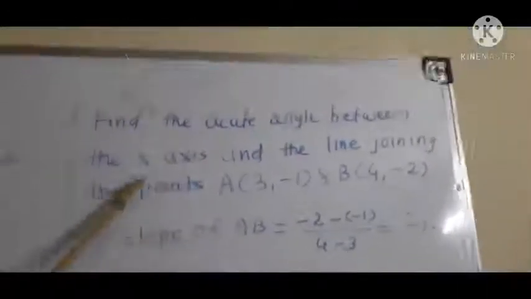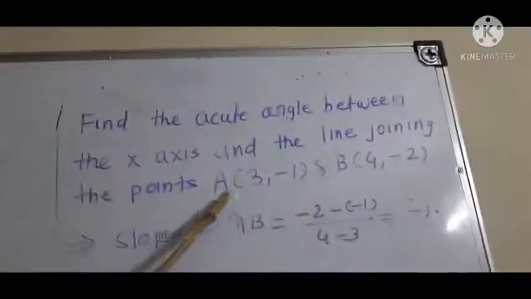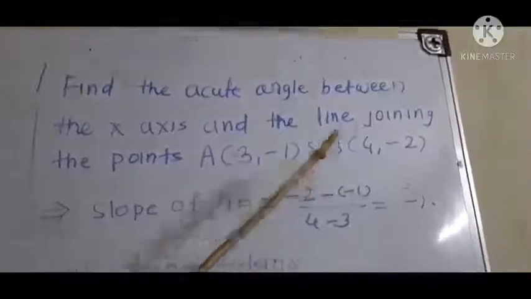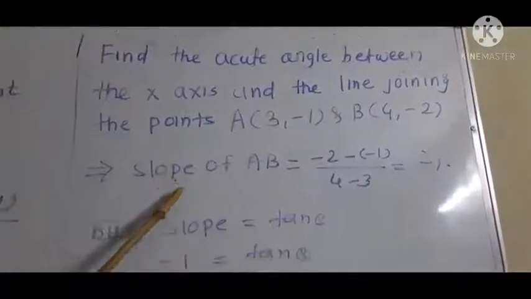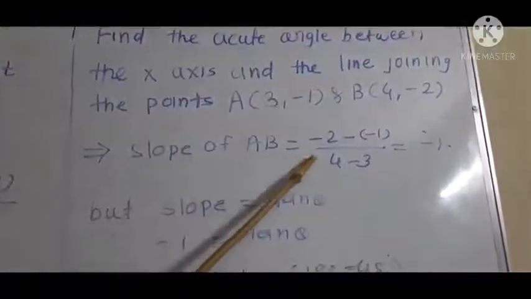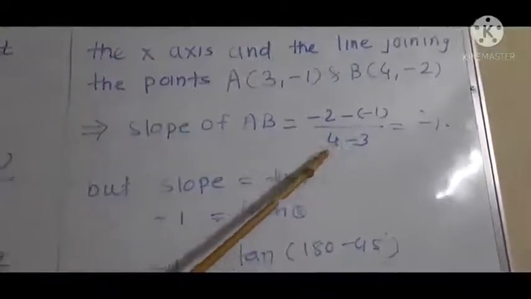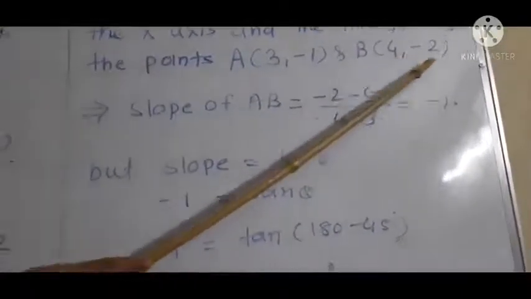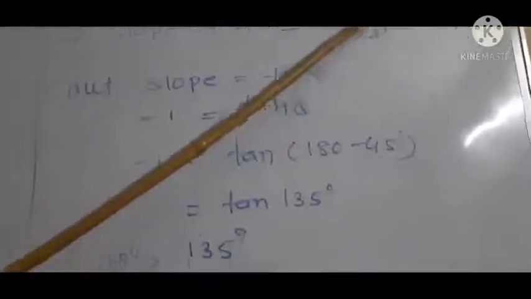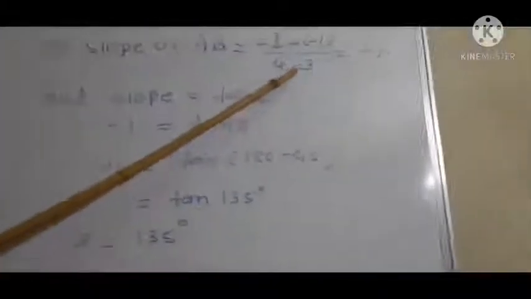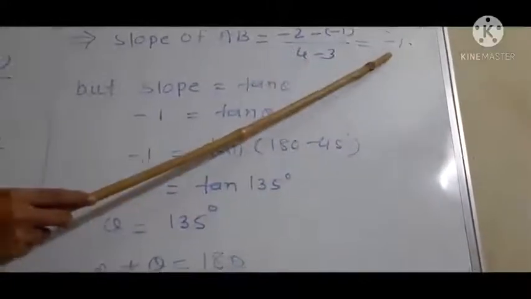Next example. Find the acute angle between the x-axis and the line joining the points A (3, minus 1) and B (4, minus 2). Slope of AB is (y2 minus y1) upon (x2 minus x1), which is equal to (minus 2 minus of minus 1) upon (4 minus 3). Minus 2 plus 1 is minus 1, so minus 1 upon 1 is equal to minus 1.